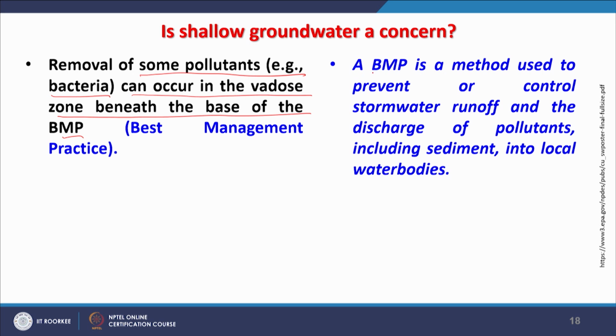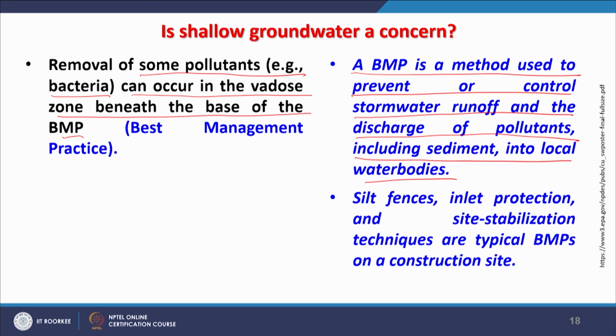So, this best management practice is a method to prevent or control stormwater runoff and discharge of pollutants which is going inside our groundwater regime or aquifers. These pollutants should not even go to local water bodies, because ultimately these ponds, lakes and other things are indicators of shallow groundwater conditions, and if these are polluted, then that means our groundwater will also get polluted.